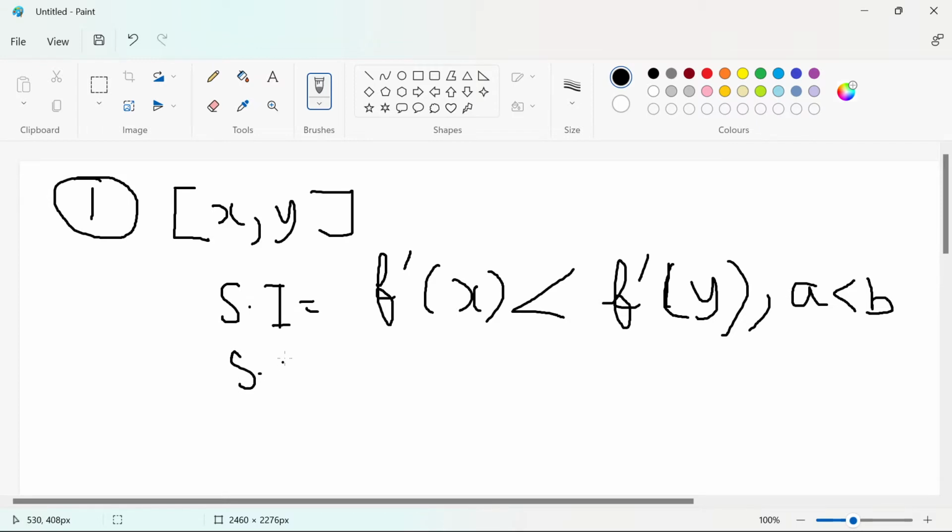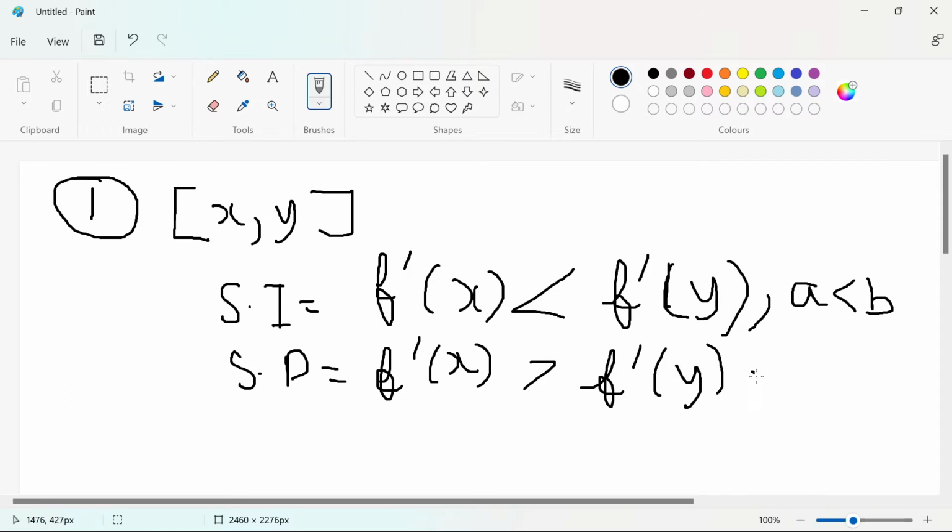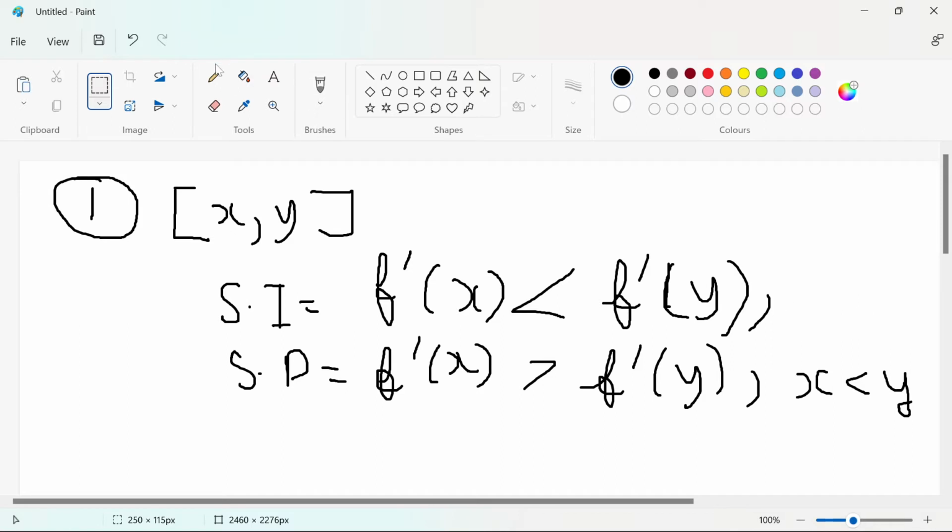For strictly decreasing, f of x should be greater than f of y, and x should be less than y.